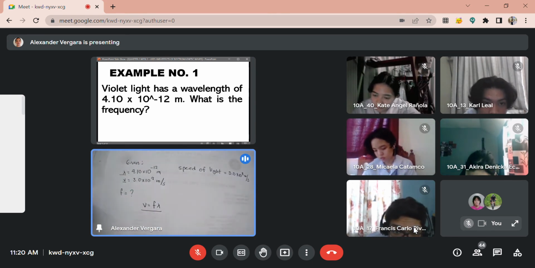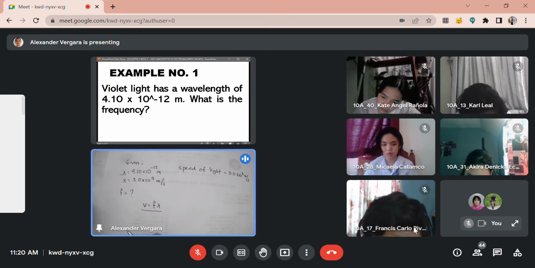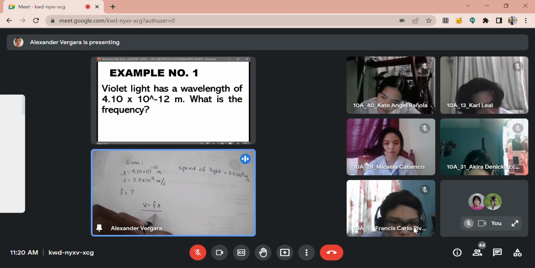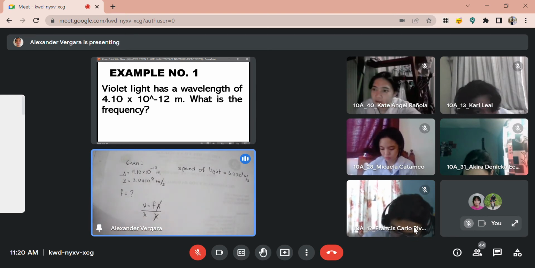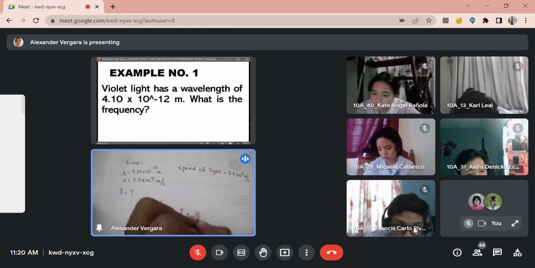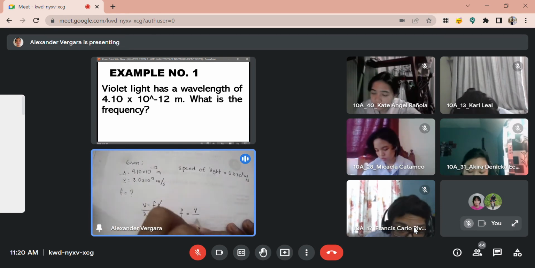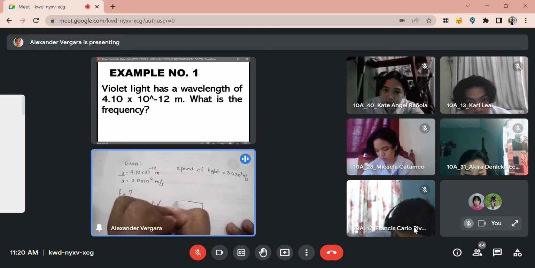How do we derive that one? Since you're looking for f, you have to divide both sides by lambda. So cancel this one and cancel this one. Then you have f is equivalent to v over the wavelength. So this will be your formula.